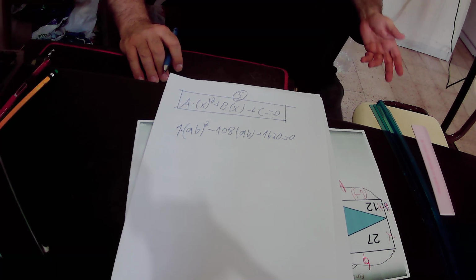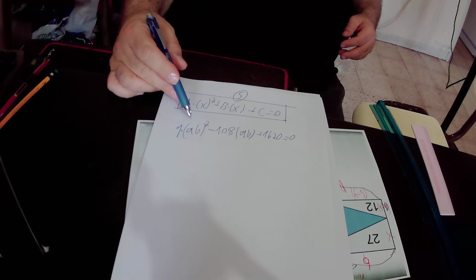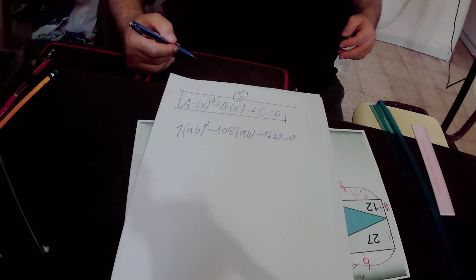You don't change the value of a number or expression when you multiply it by 1. So it is allowable to multiply this expression AB squared by 1. Okay?